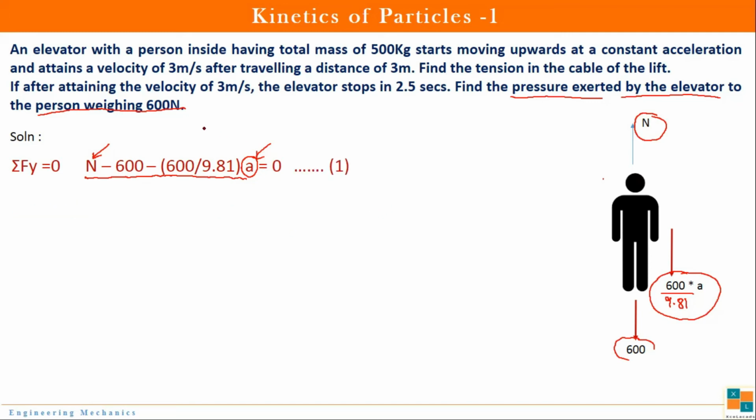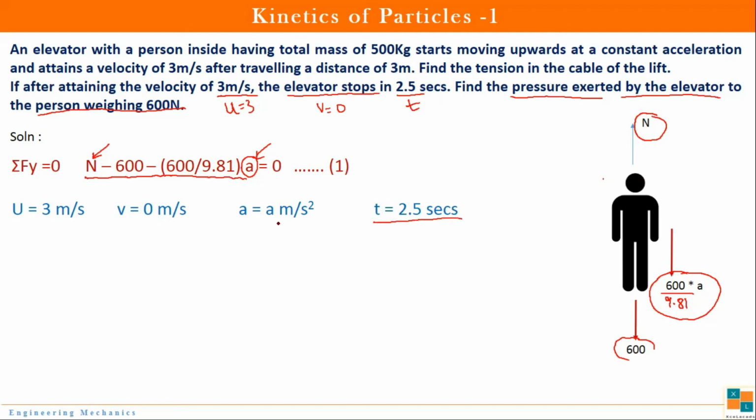Now for the second case, again I will make use of the data of velocity. It is given that after attaining a velocity of 3 meter per second, so now u is equal to 3 meter per second, the elevator stops. That means v becomes 0. The time given to us is 2.5 seconds. I will write here u is equal to 3, v is equal to 0, t is equal to 2.5 seconds, and I want to determine the acceleration.